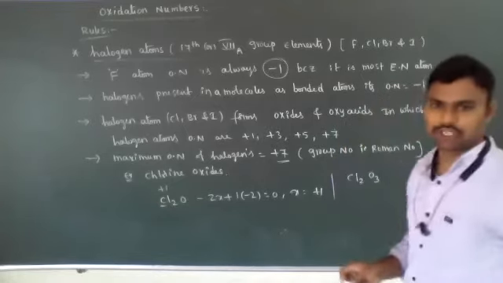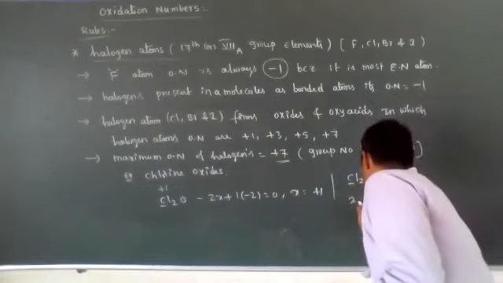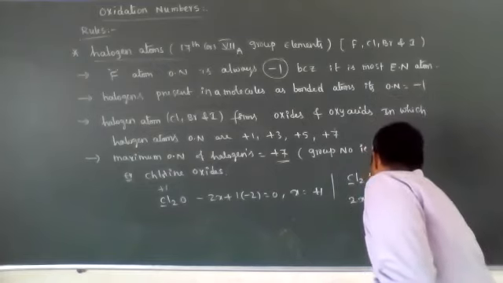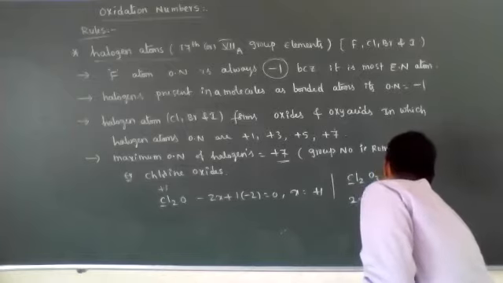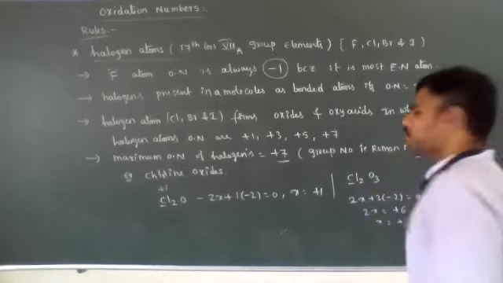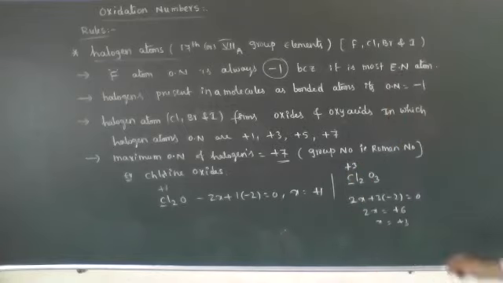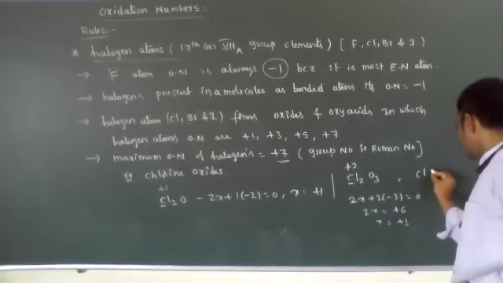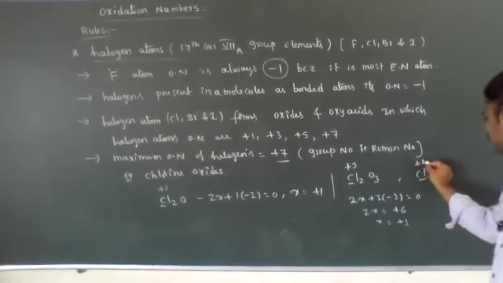Cl2O3. Let's see Cl2O3. In Cl2O3, chlorine oxidation number: 2x plus 3 into -2 is equal to 0. Then 2x is equal to +6. Then x is equal to +3. 6 by 2 is equal to +3. Next, Cl2O4. In that, chlorine oxidation number is +4.